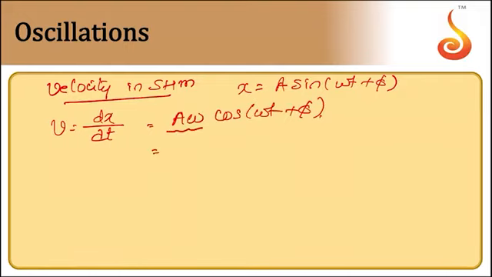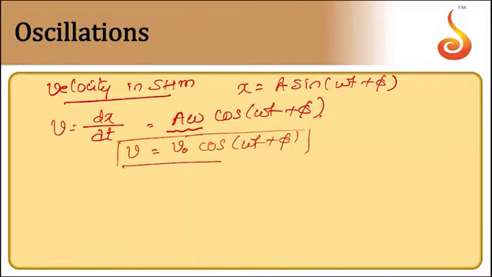And a omega is nothing but the maximum velocity, which I'll call v naught. So v is equal to v naught cos(omega t plus phi). Thus, the velocity of the particle in SHM is given by this equation, which is in terms of time t.